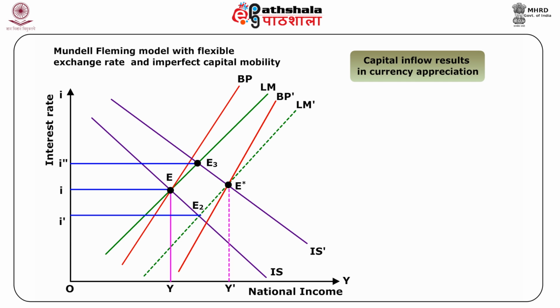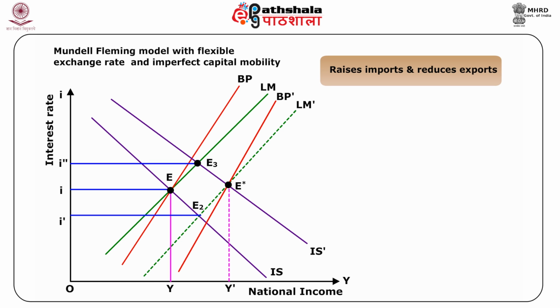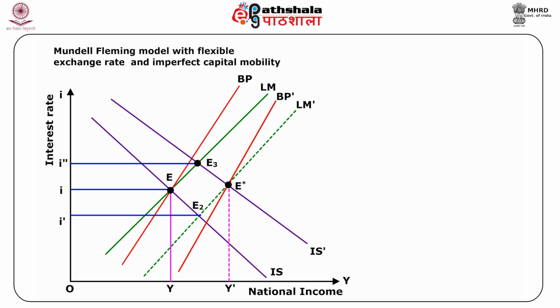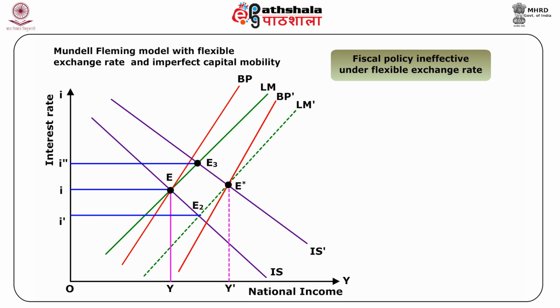There is capital inflow, which results in currency appreciation. This in turn raises imports and reduces exports, and IS dash is shifted back to the IS curve. So again the equilibrium point E is attained. Thus, fiscal policy is ineffective under the flexible exchange rate.